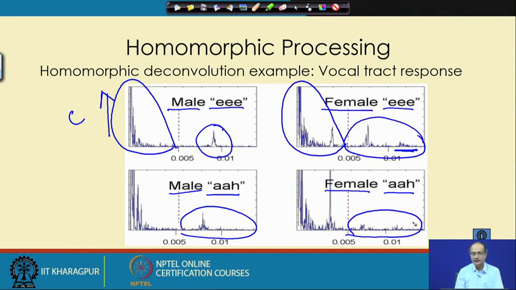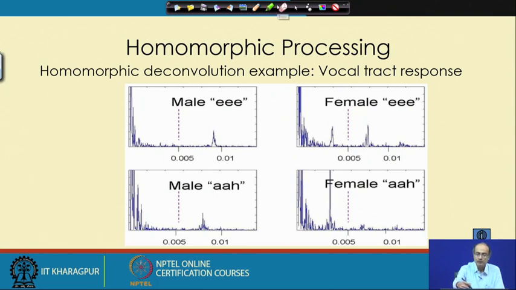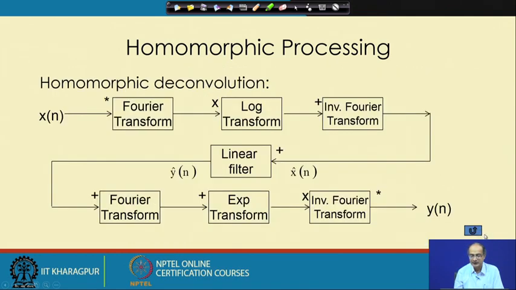Okay. And here by simple thresholding we can separate these two parts out. In the low frequency part we are getting the transfer function, and in the high frequency part we are getting the excitation signal. Okay. So, by Cepstral liftering we can get that, and we can once more look at the original homomorphic deconvolution block diagram, which can help us remember the steps we have to take.